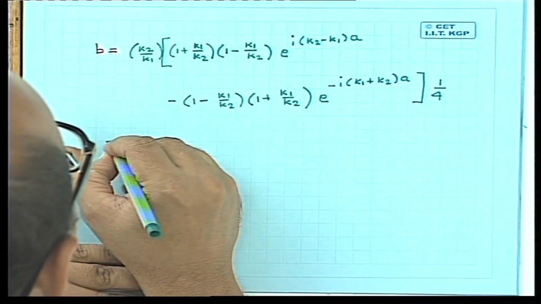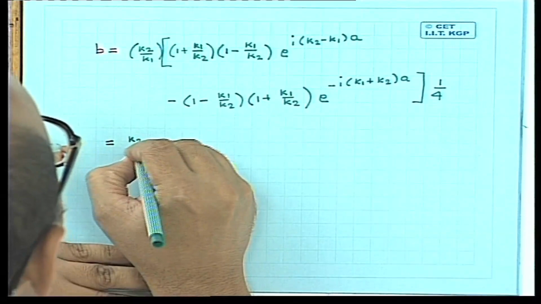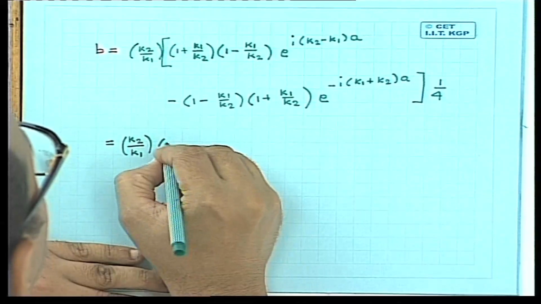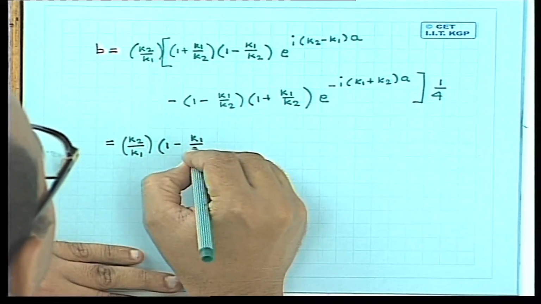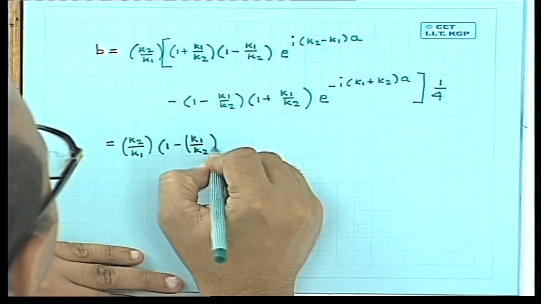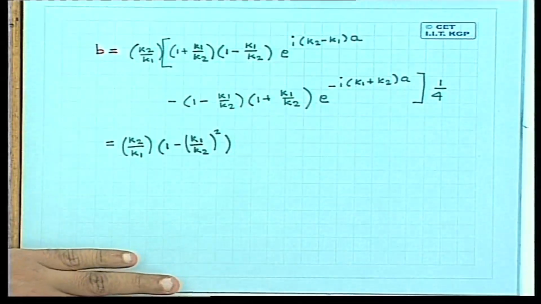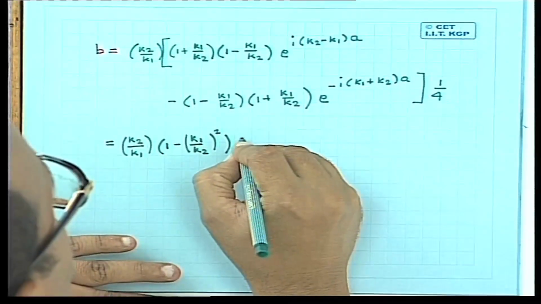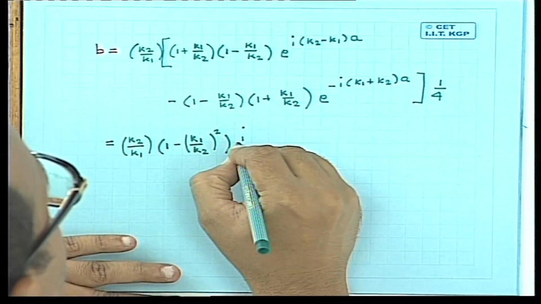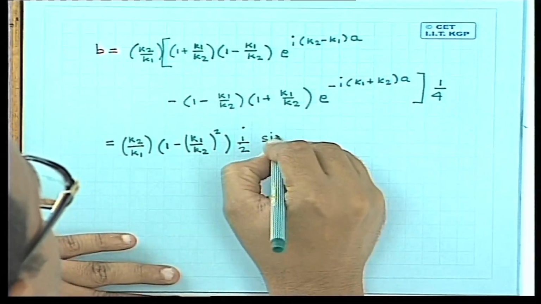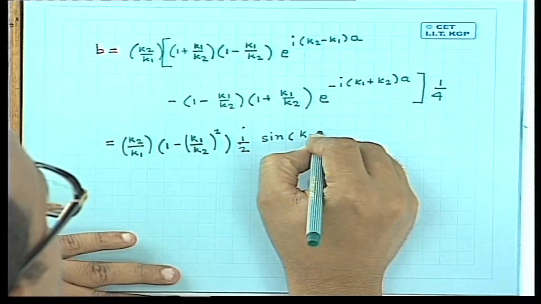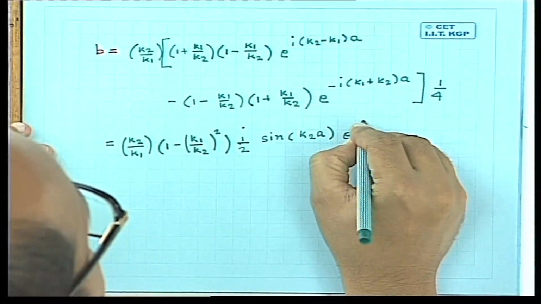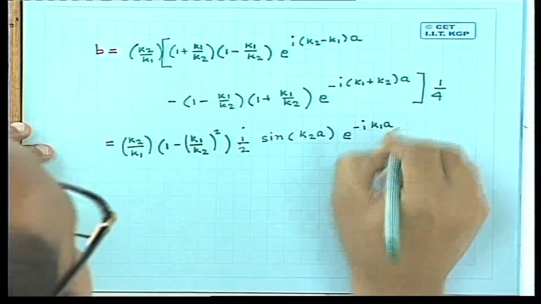So what this gives me is equal to k2 by k1, (1 minus k1 by k2) squared, these two common terms taken outside, and then I have i by 2 sine k2 a e to the power minus i k1 a.